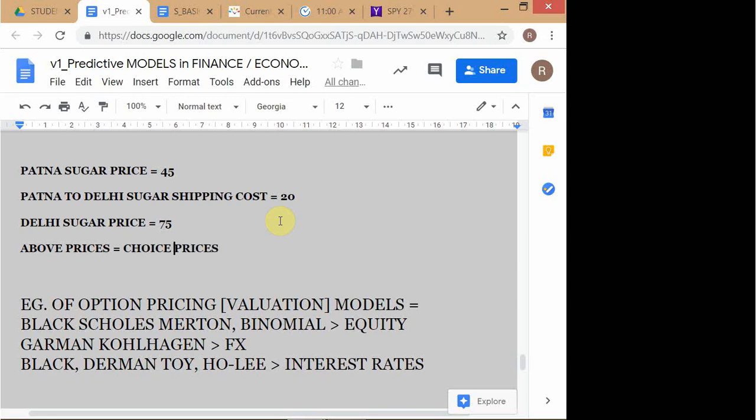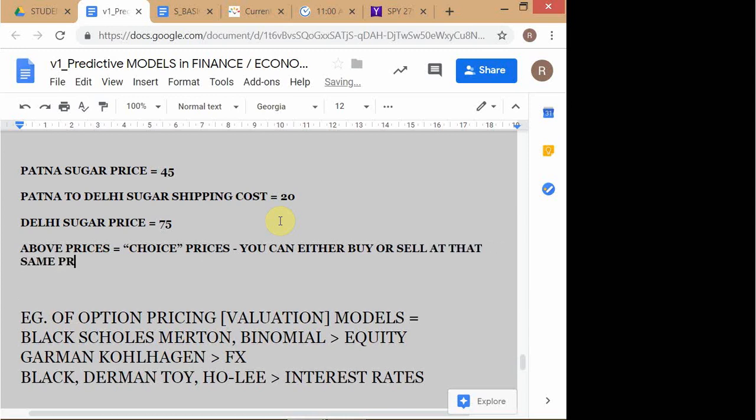There's a term in the markets which you should be aware of: choice prices. A choice price means you can either buy or sell at that same price. Normally our bid is lower and the offer is higher, and that is the normal bid and offer price.